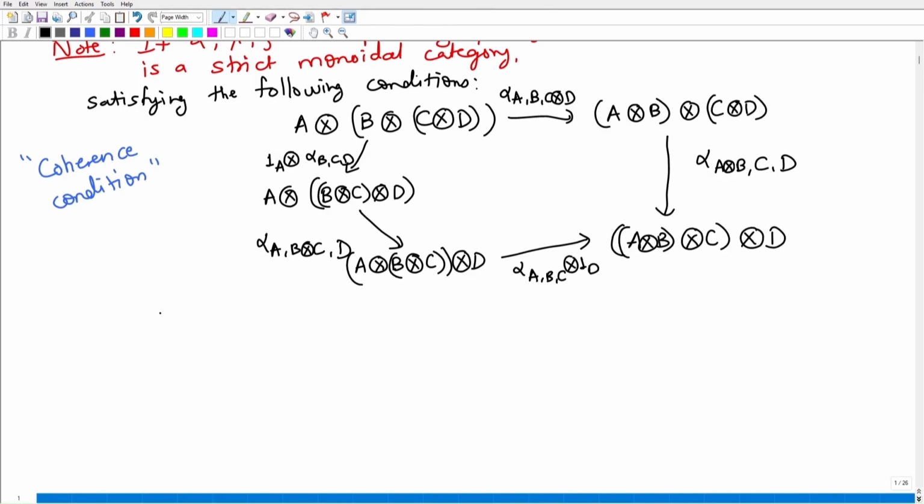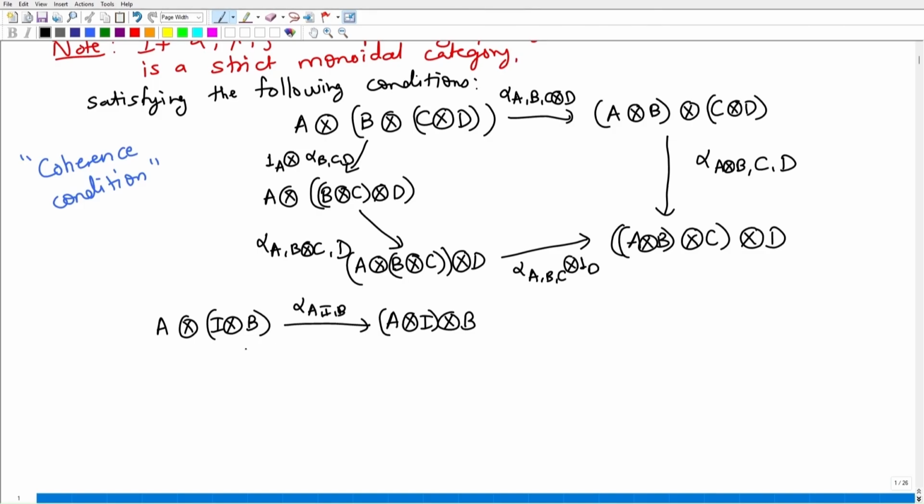A tensor, I tensor, B. Correct. So A tensor, I tensor B, and I am always going to write parentheses on the right so that we can apply it appropriately. Then we will have A tensor I, tensor B, and then over here what do I have? Alpha A I B.